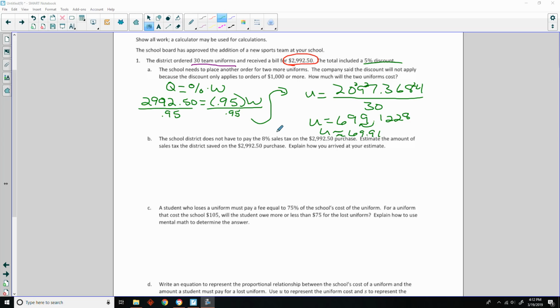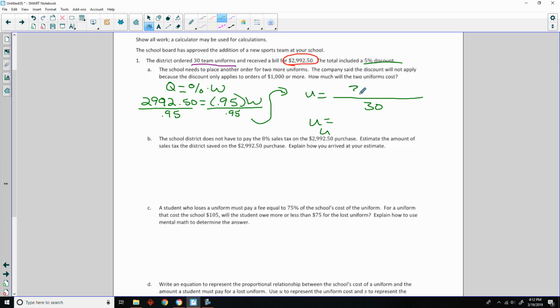Okay, I have a problem here. Siri did me wrong. When I said, hey Siri, what's 2,992.5 divided by 0.95? Siri said 2,992.5 divided by 0.95 is 3,150. Okay, she didn't say that last time unless she didn't hear me properly. So let me just fix this.